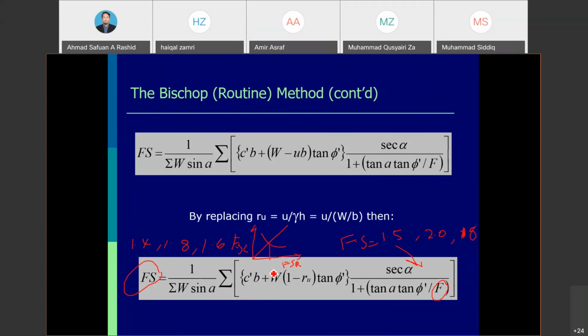So at least we need to do 3 attempts to get the factor safety from the Bishop. So memang time consuming. So that's why most of the researcher or academician, we suggest to use the software.